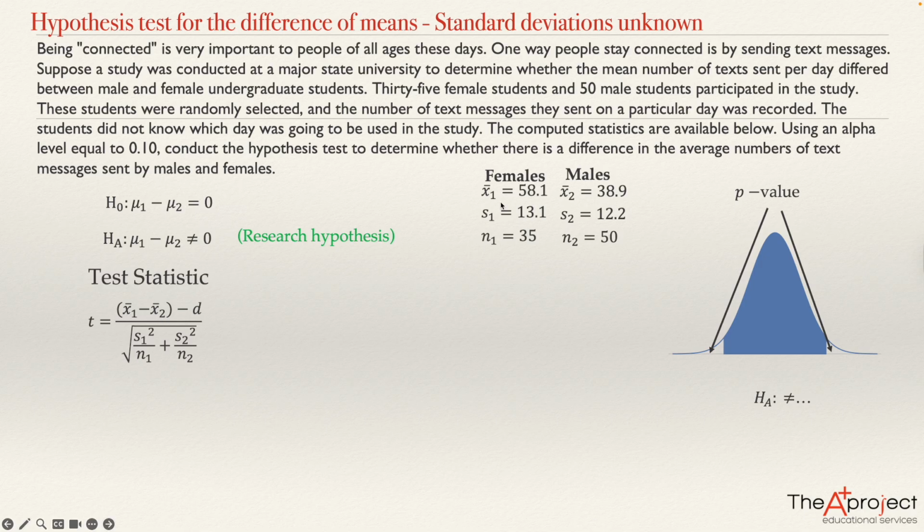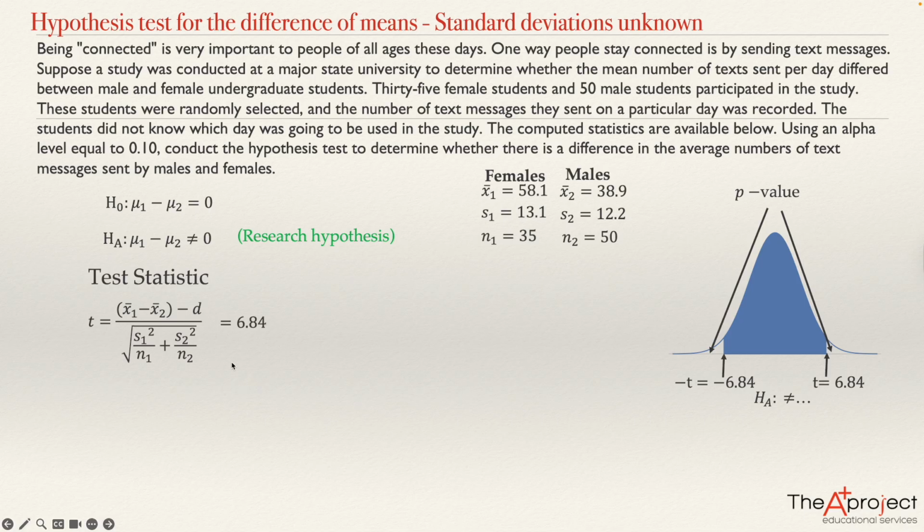So we just need to substitute these numbers and use a calculator or a computer to compute this number. I did it, and the answer was 6.84. 6.84 is the value of t, so it is positive. So I'm sure that this number here is 6.84, and this number will be negative 6.84.